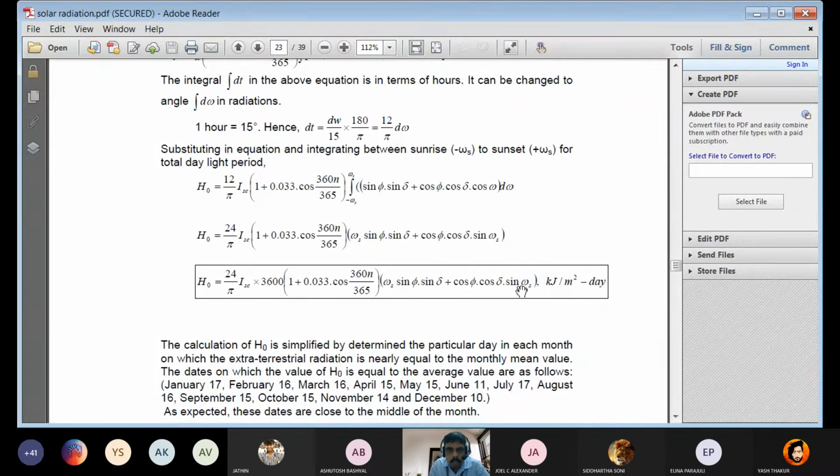These angles you can calculate using the relations. Phi etc. will already be given for the location. Declination angle and hour angle you can calculate using the relations given in the data book. That is why I asked you to note down the required relations into your notebook also.